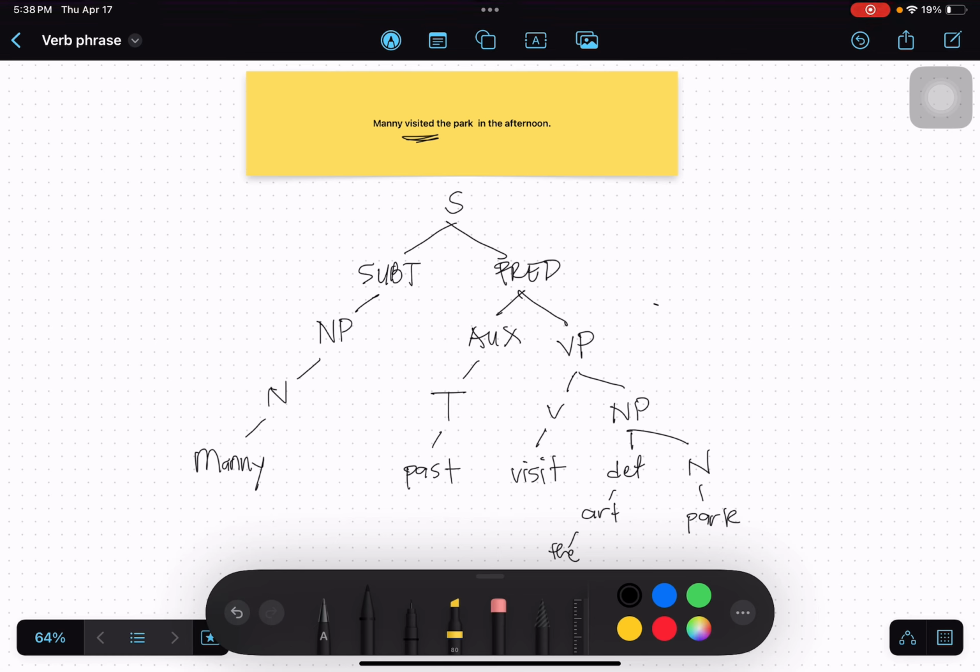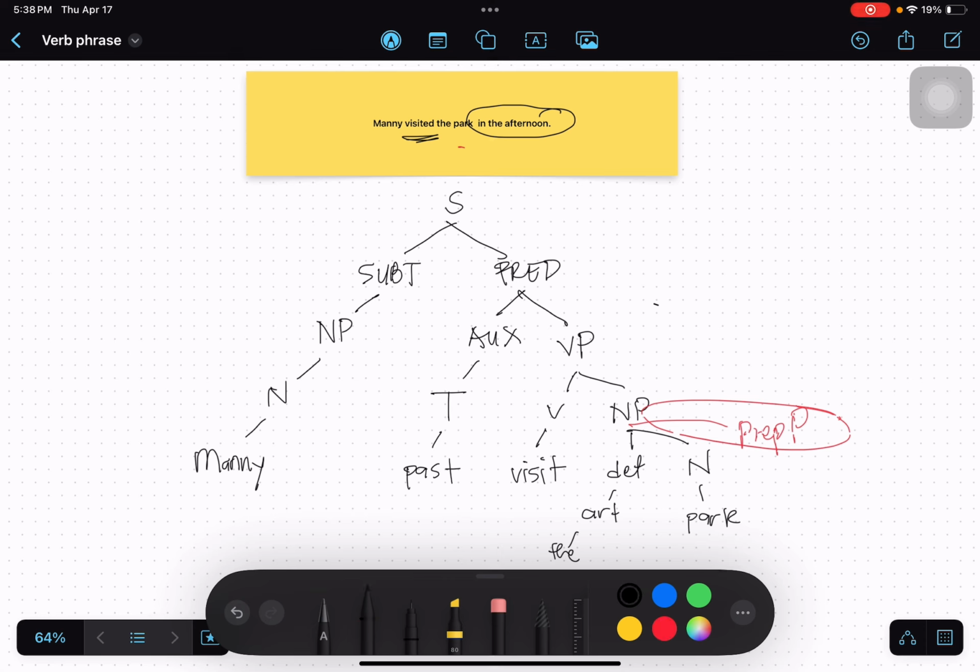Now, the words "in the afternoon" will not be part of a prepositional phrase here. Okay? That will be wrong because we are not talking about the park in the afternoon. We are talking about when Manny visited the park. So, it's not that. It will be a different version. It will be part of the adverbial. Okay? It will become an adverbial. But we're not discussing that yet.